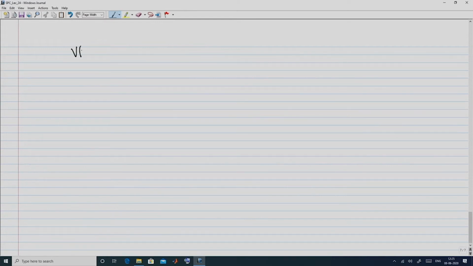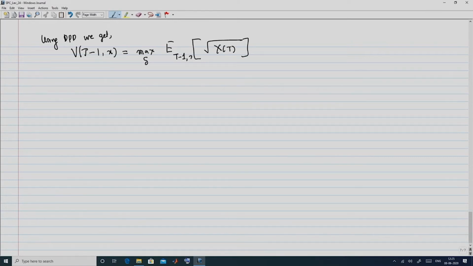Okay, then the dynamic programming principle. So, using DPP we get v of t minus 1 x. What is this going to be? This is going to be the maximum over delta of the expected utility at the next point, which is square root of x of t, subject to the condition that at time t minus 1 your wealth level is x.